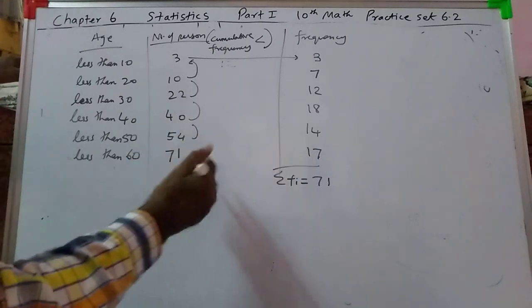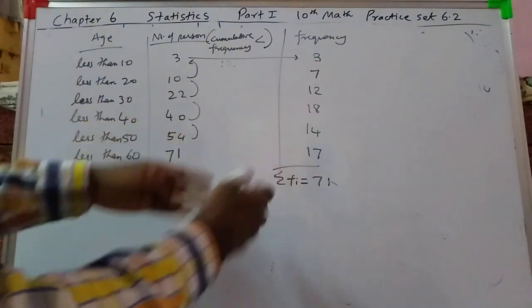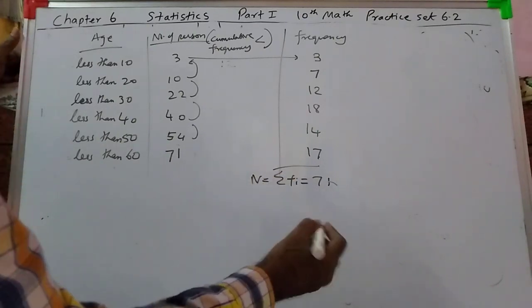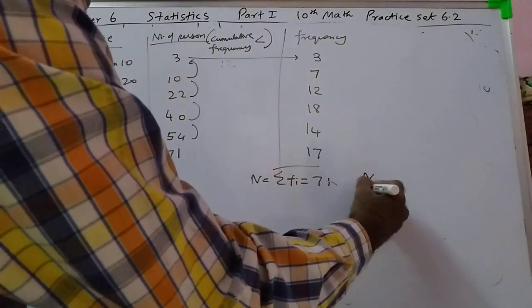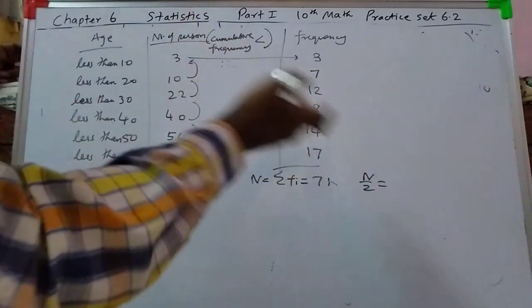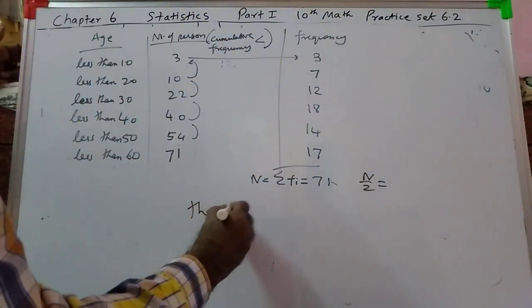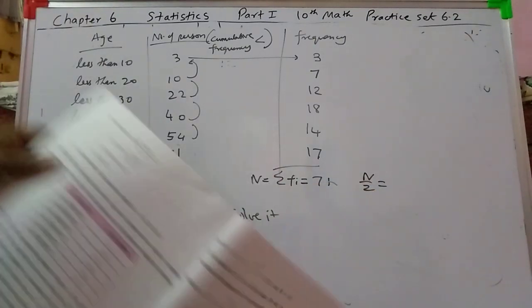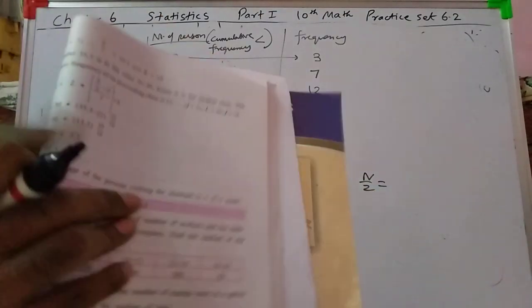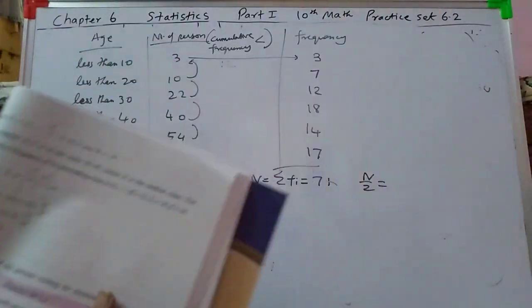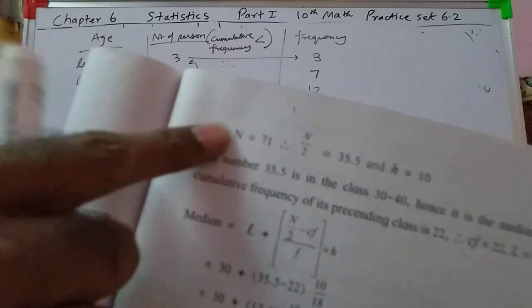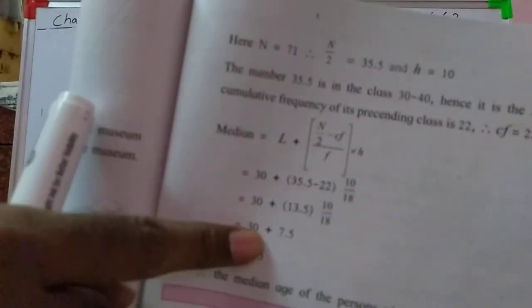This and this match. You add it, you will get it. Okay. This and this should match. Then that means this n is equal to this. Now calculate n by 2, how much? Then solve it. Okay. The solution is given here.